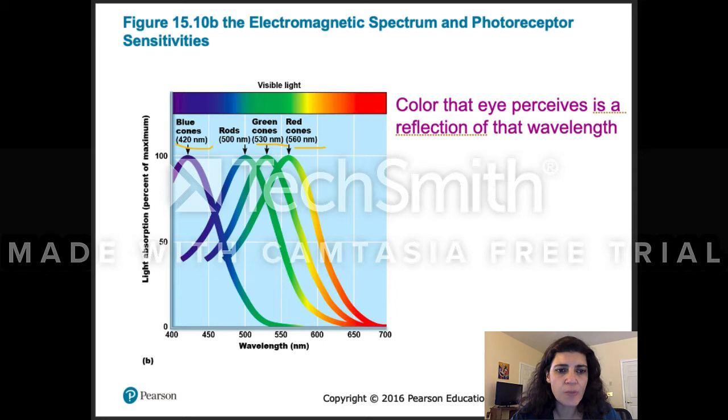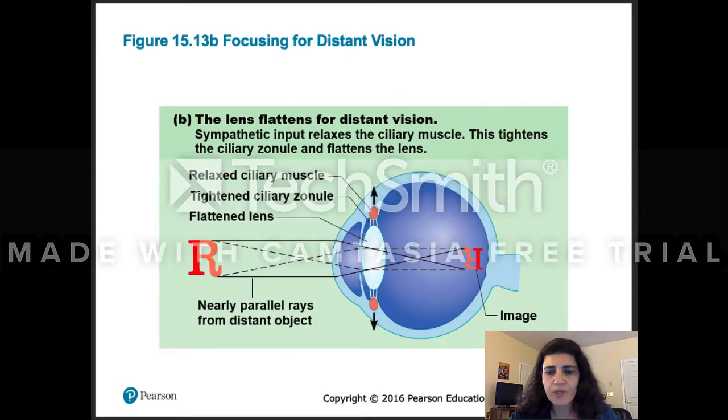One more thing I wanted to mention, focus. So when we're focusing on an object, remember that refraction is gonna happen in the cornea, in the lens, and once the image hits the retina here, your image is going to be upside down and inverted, okay? And then you don't see the world upside down because this repositioning of the image is what happens in your occipital cortex, the vision cortex.